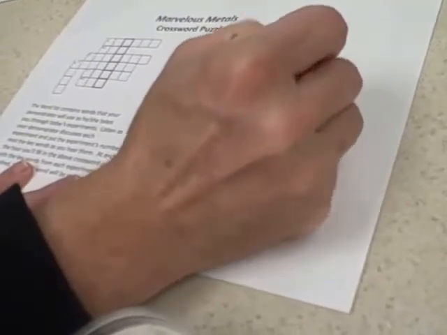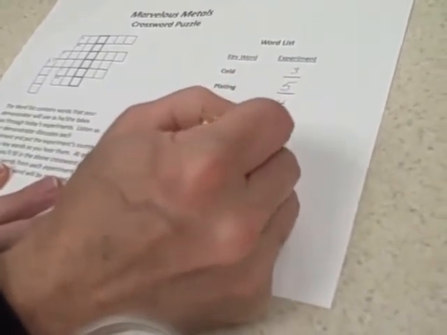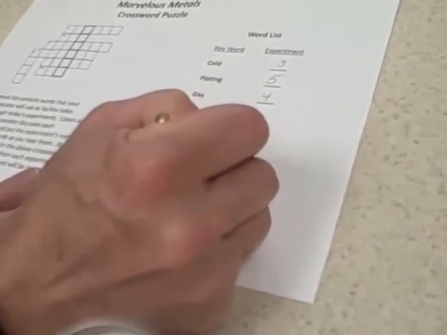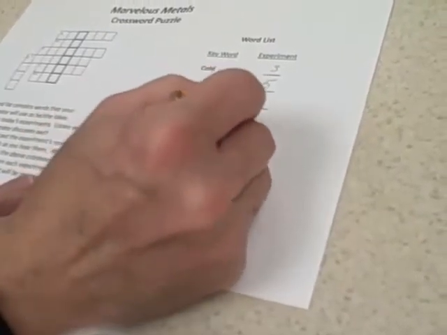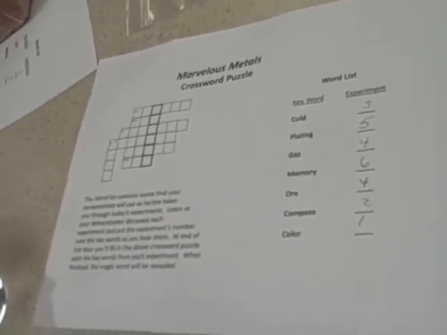Experiment 4 was about using reactivity to predict where metals are in nature. And what we did was we poured water and acid onto metals, and what happened when we did? Gas evolved.